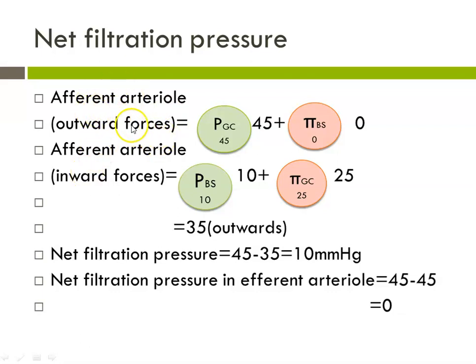First one is the afferent. In the afferent arteriole, the outward forces are calculated, and the inward forces are calculated. The difference between the inward forces and outward forces forms the net filtration pressure. First, you have to calculate the outward forces, meaning positive forces.